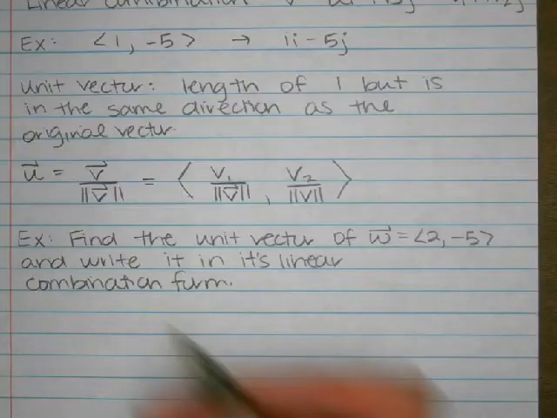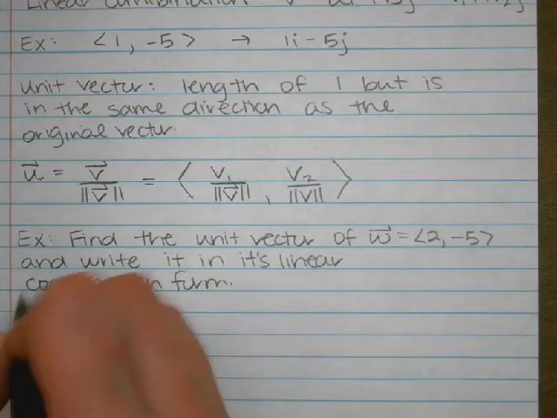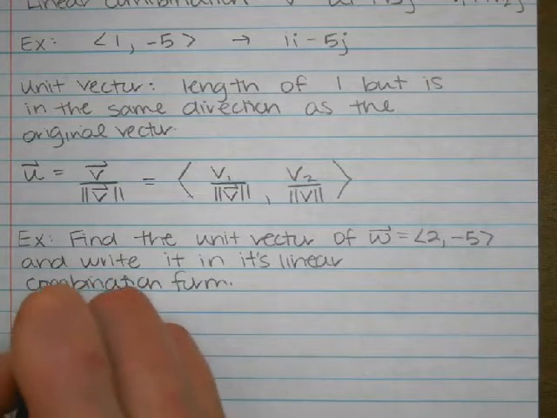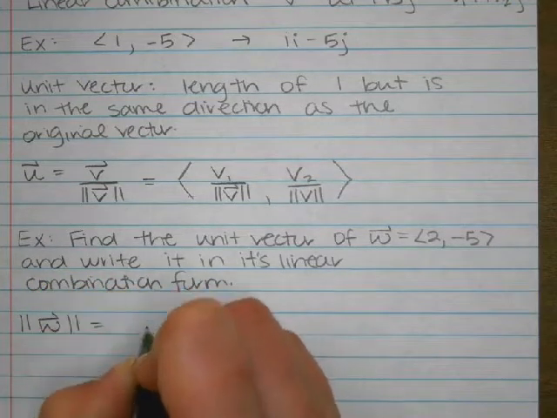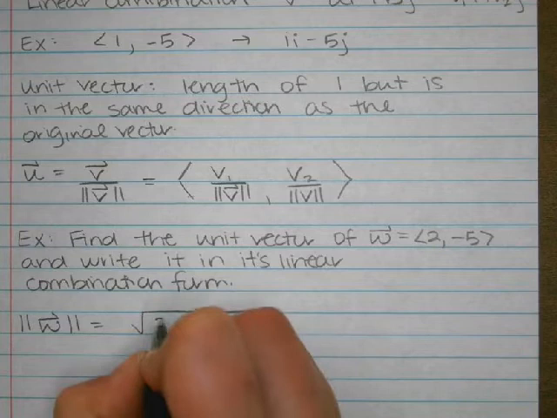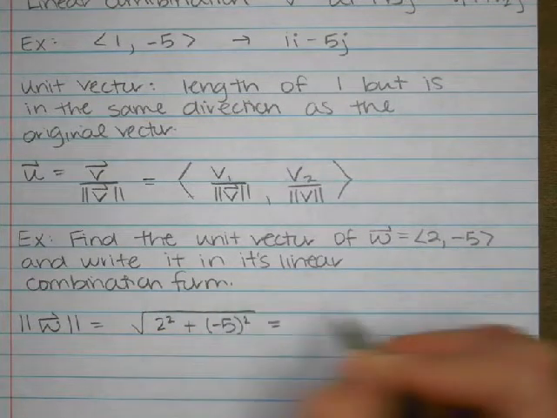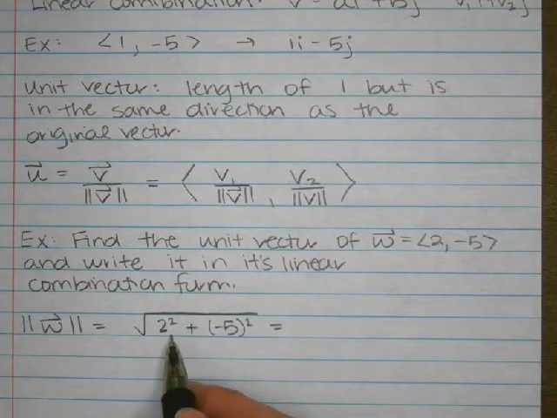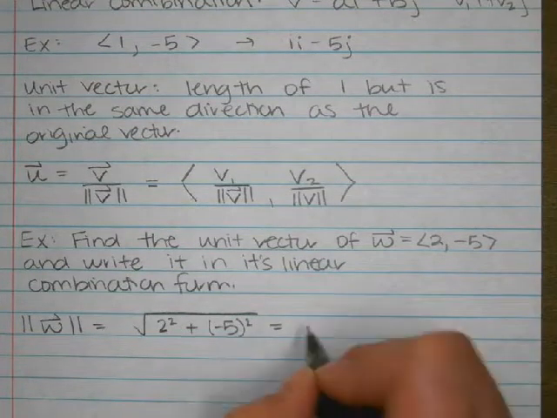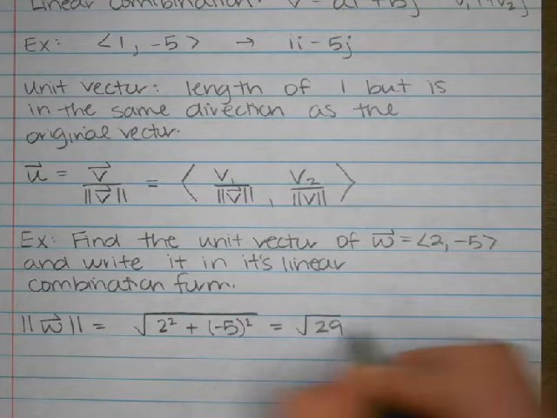So I have vector w. I need to find the magnitude of w. So the magnitude of w is going to be the square root of 2 squared plus negative 5 squared. That's 4 plus 25. So that's the square root of 29.